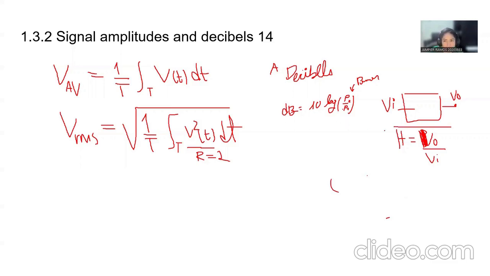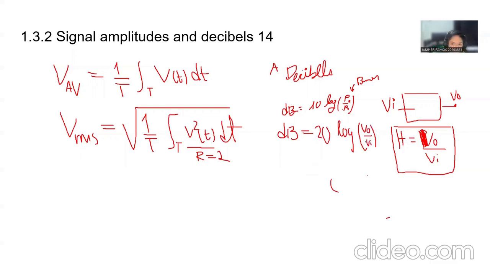It's more useful using this other relation, so we can deduce this log of V output over V in. And this is the ratio of two voltages.